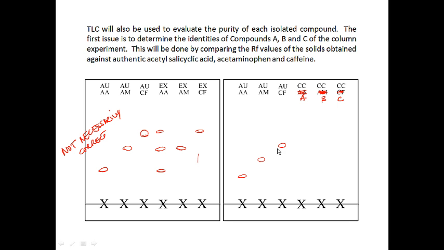Again, I don't know what order they come out in, so we'll find that out. But then the question is, A should then match up with one of those three. Maybe B will match up with this one, and maybe C will match up with this one. So the idea is from the authentic RF values, that's going to help us determine then what the components A, B, and C identities are.